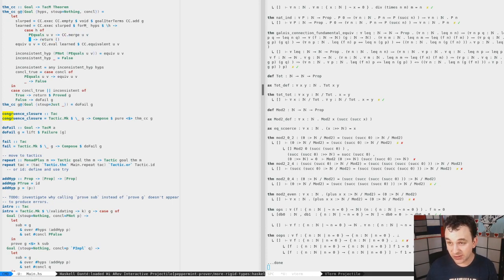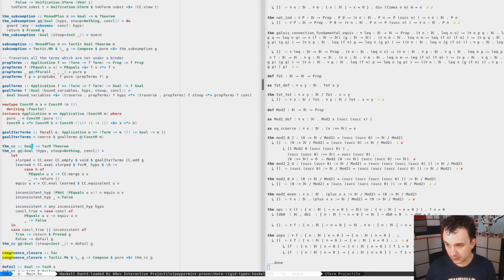And what we're going to change is whenever it sees something else, p, goal. I'm going to check goal ATR terms first. Goal terms. Goal terms, goal bound variables, prop terms.